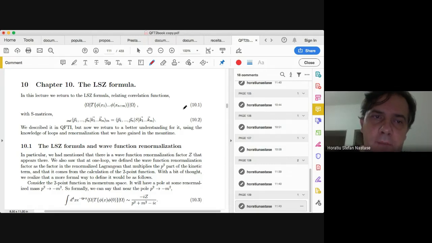So what was the LSZ formula? Well, there was a formula that related the correlation functions to the S matrices, S matrices being product of in and out states, or equivalently the matrix elements of S. All right.